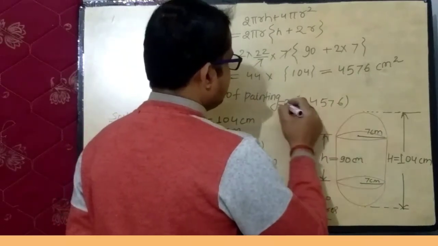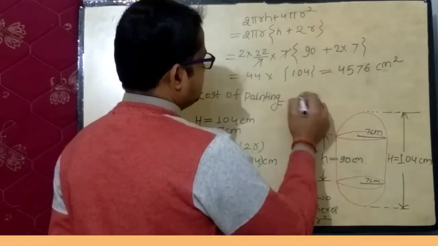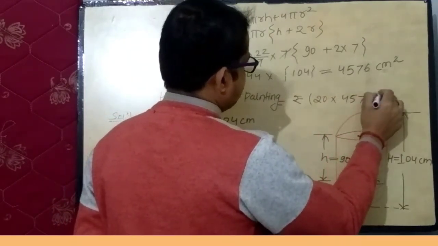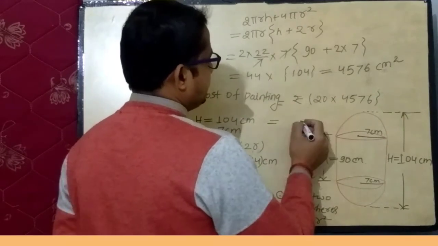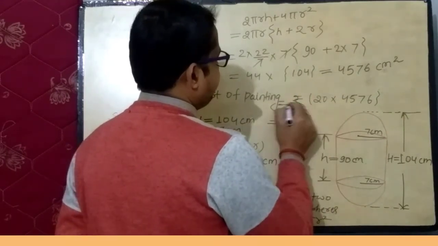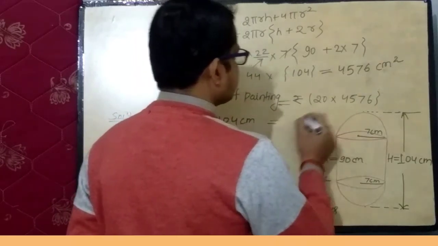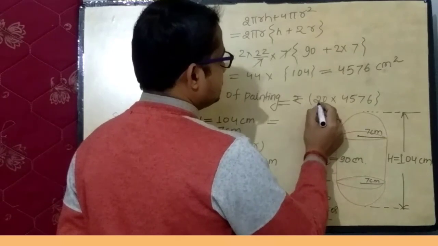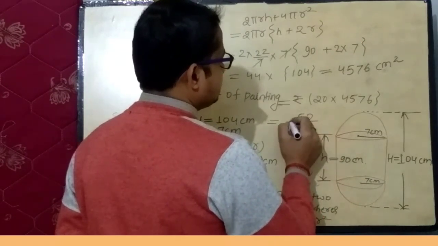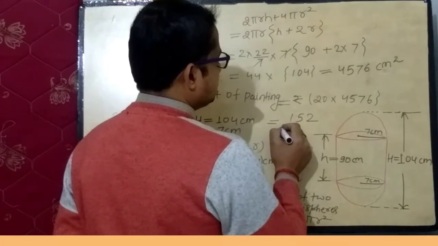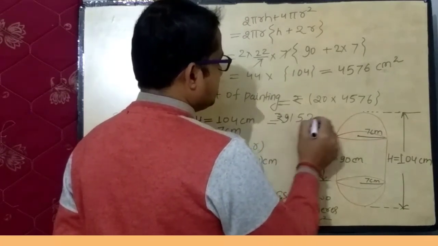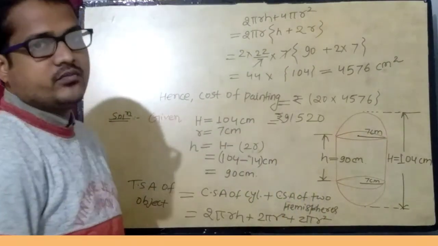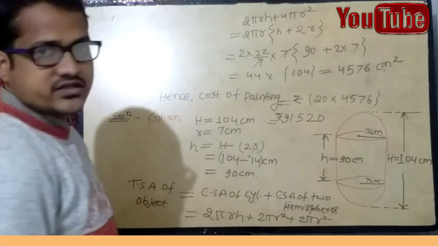This is in rupees, that is rupees 20 into 4576, and solve it. You will get the rupees in order to paint this object, that is you will get 91520 rupees to paint this object.